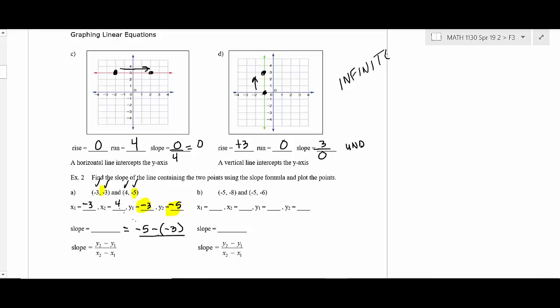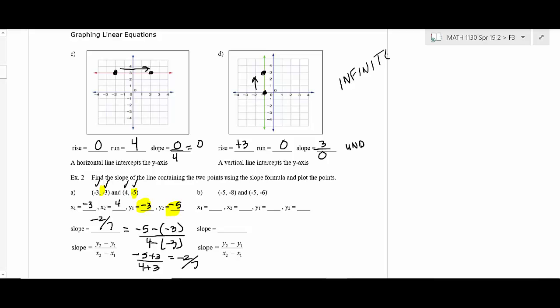So I'm going to say 4 subtract -3 like that. If you subtracted in the opposite direction, then just make sure that you're consistent on the top and bottom. So we'd end up having -5 plus 3 over 4 plus 3. So that is -2/7 would be your slope.